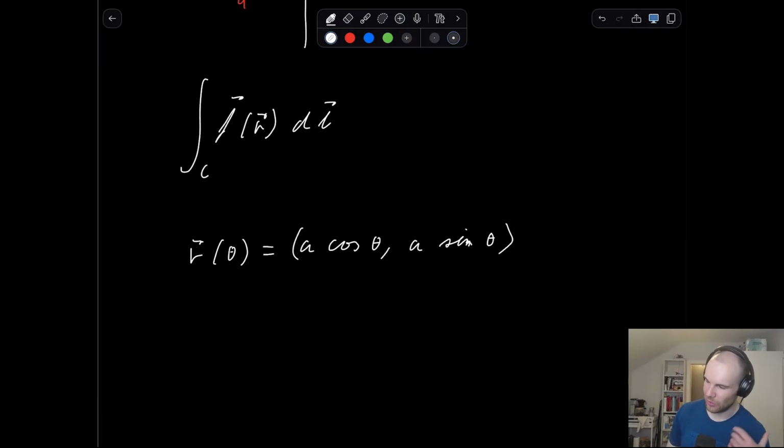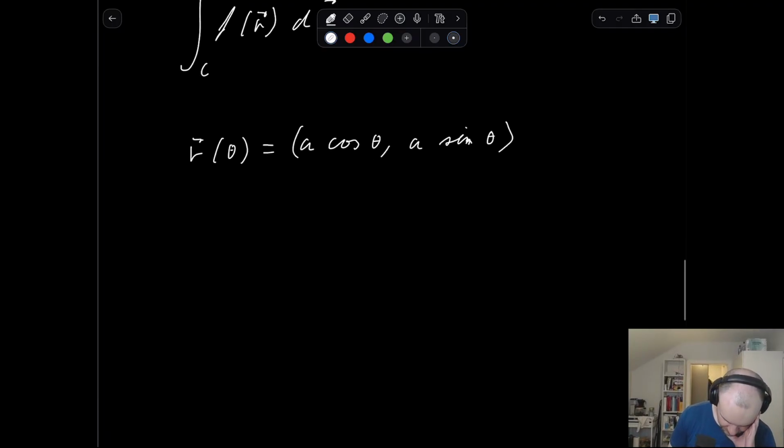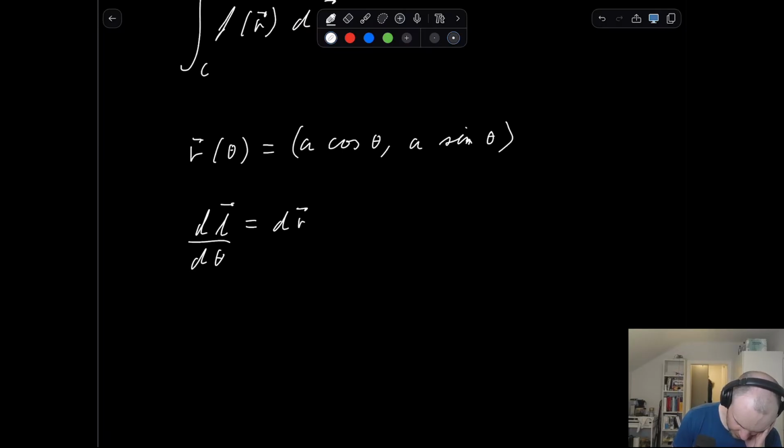Now we need dl, right? And we need dl in terms of theta. So I know dl, like I said, is actually the same as dr, but r isn't a function of theta, so we can just do d/d theta.